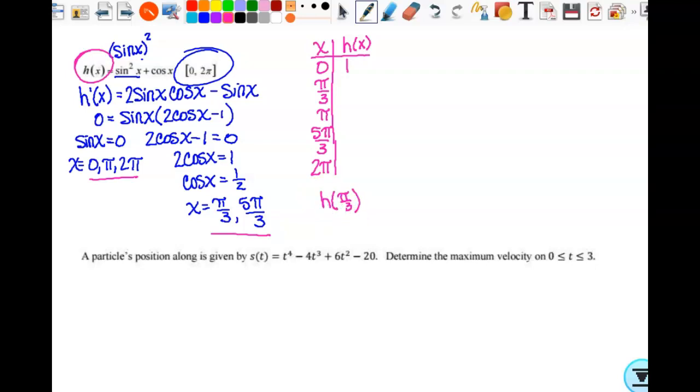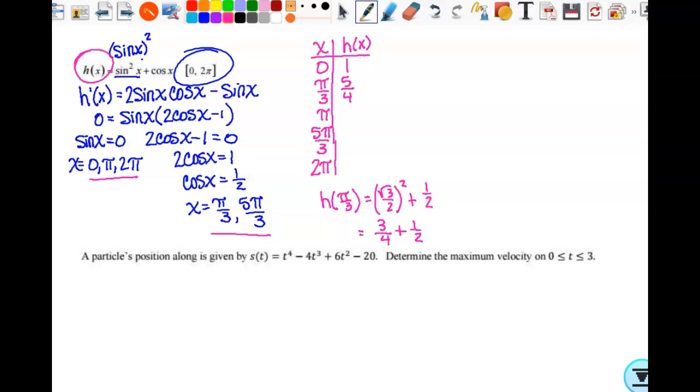The sine of pi thirds is the square root of 3 over 2, and then we have to square it, plus, what's the cosine of pi thirds? 1/2. Square root of 3 over 2 squared is 3/4, plus 1/2. Now it's 5/4. We all good with that? Understand how we got it?